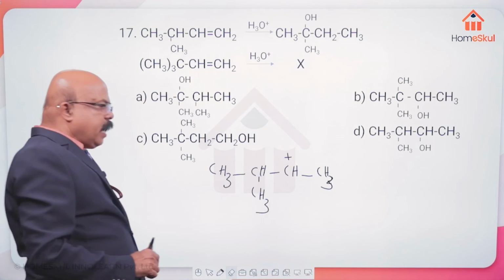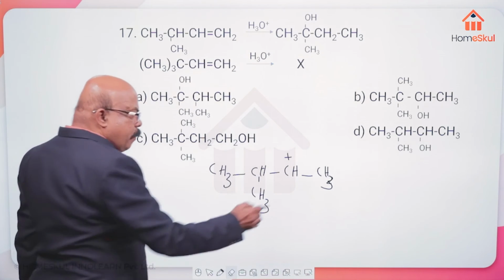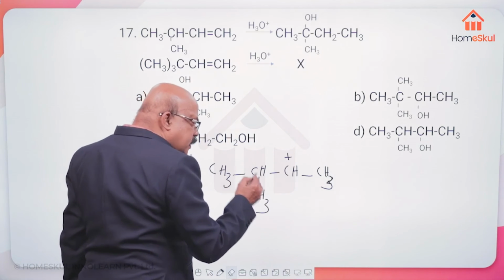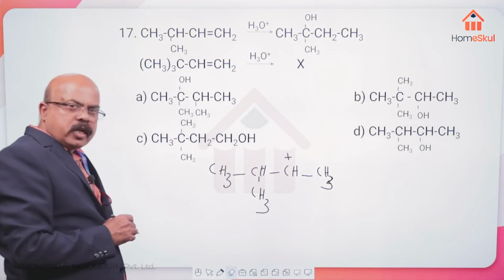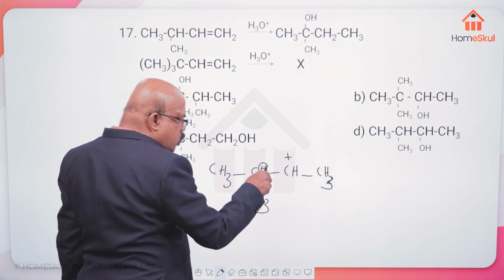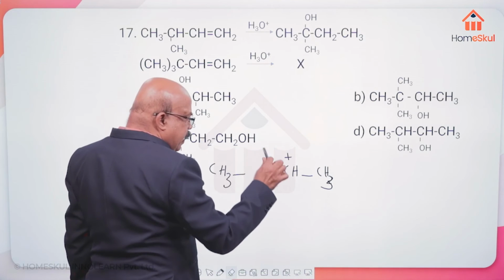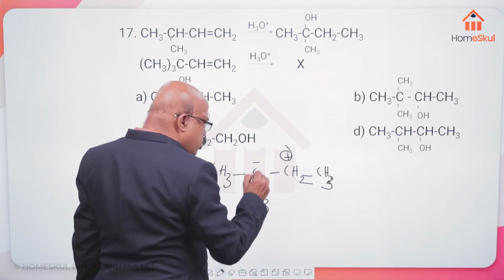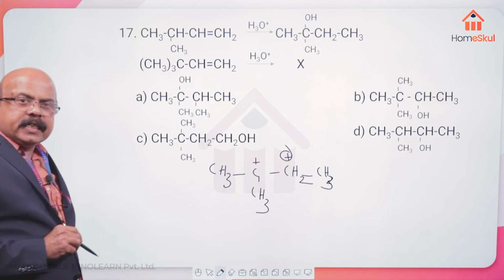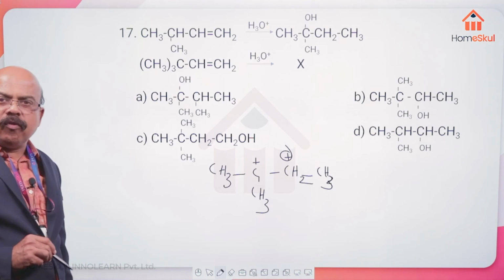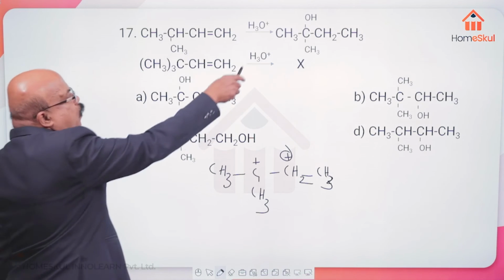It has a quaternary, it has a primary carbon as well as a tertiary carbon. One of its adjacent carbon atoms is tertiary. So there is a hydride shift, H minus ion is coming to this side, so it becomes CH2 and it becomes C positive. You will get a tertiary carbocation that will be attacked by water followed by deprotonation giving this product.